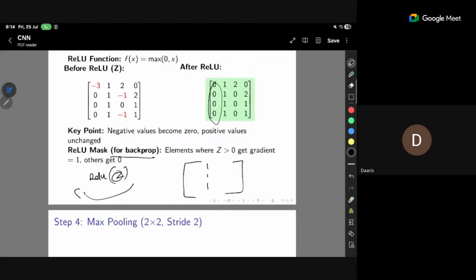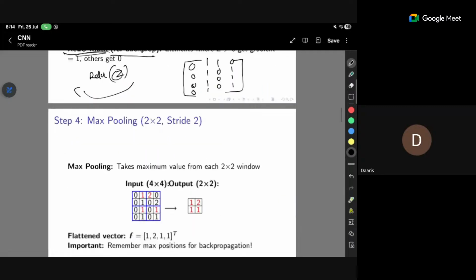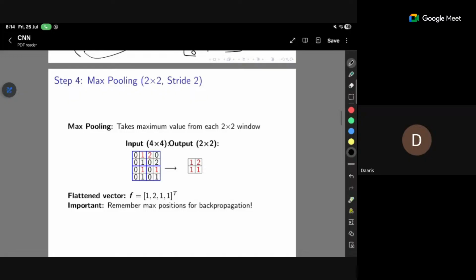So this all will be 0. This all will be zeros. And here it will be 1, and here it will be 1 also while doing the back propagation. Okay. So just remember that this is how the ReLU mask will look like. It will come later. Now the pooling will come up, right?